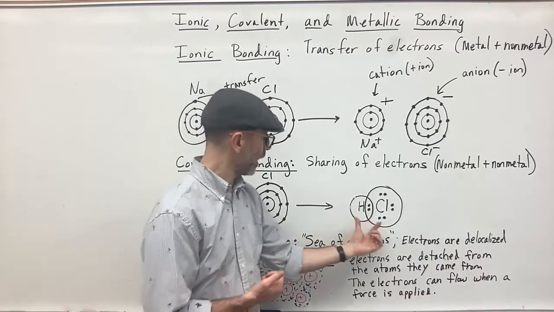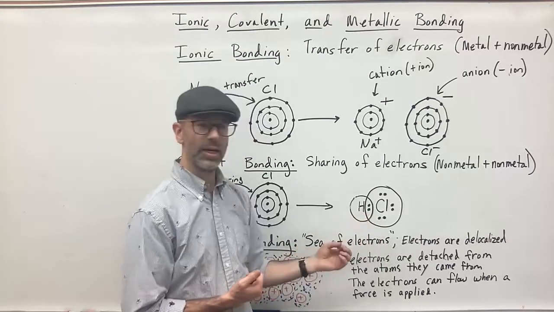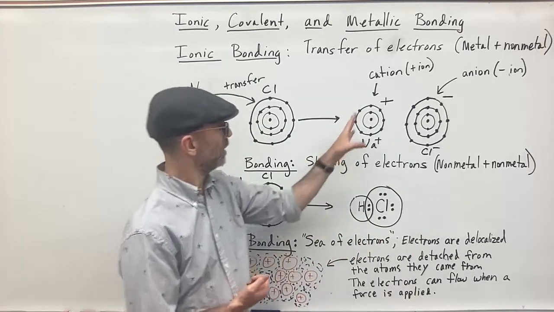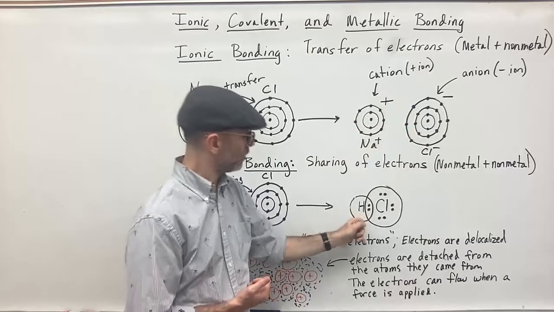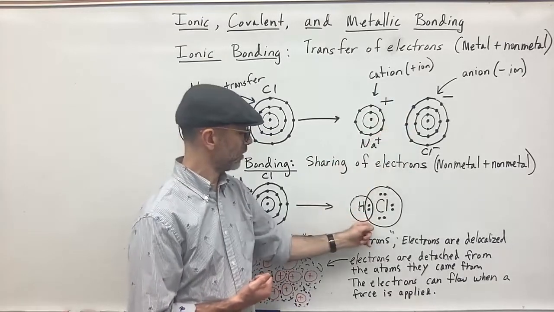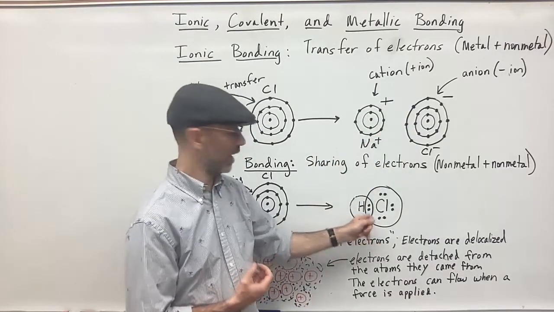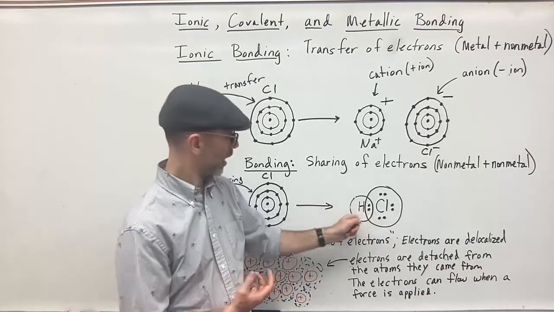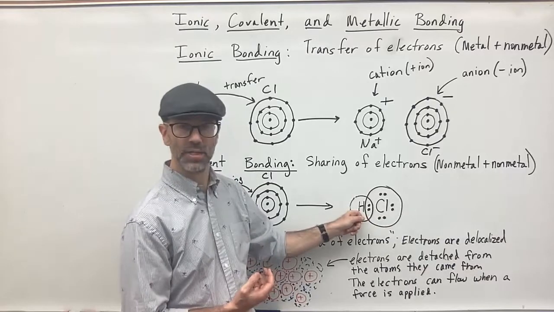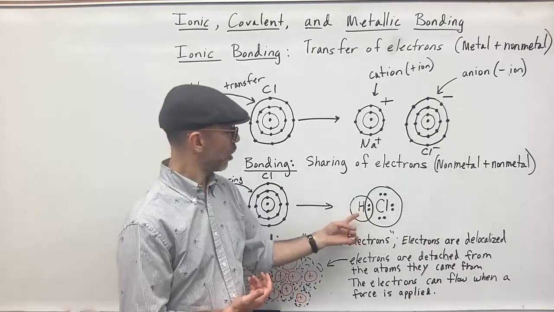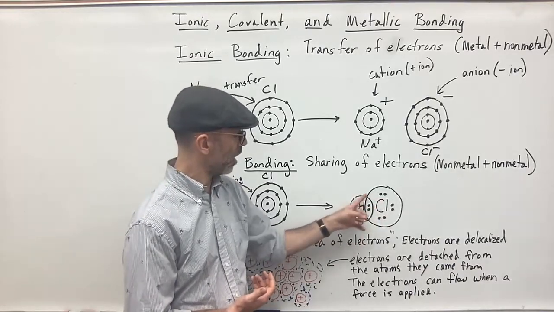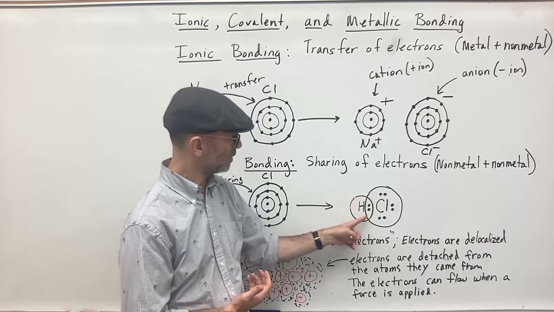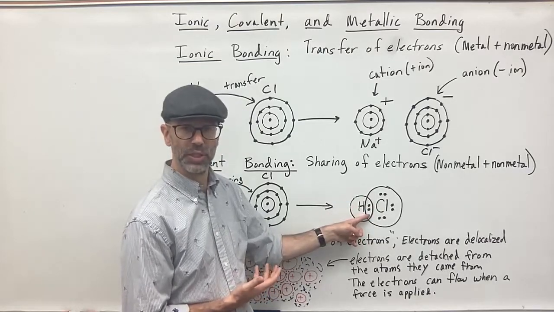So what's going on here is that you do have an electrostatic interaction, but it's different from the ions, because here what's holding this together are the shared electrons. The shared electrons are negative, right? And the protons of each atom are positive. So the positive nuclei are both attracted to the electrons being shared.